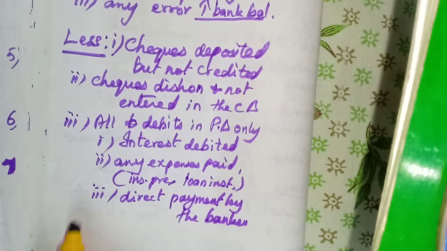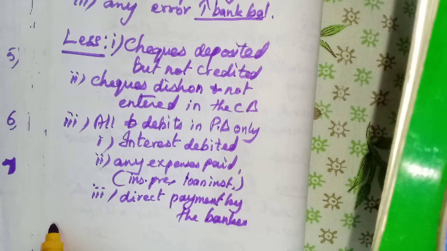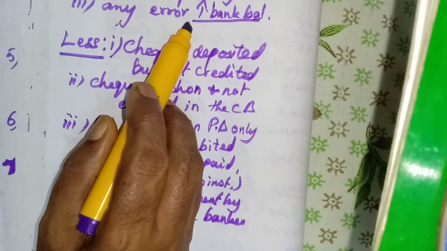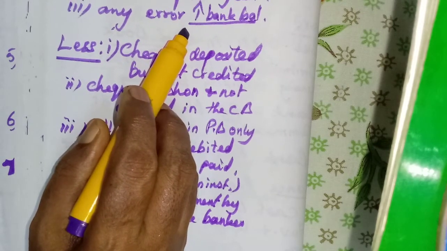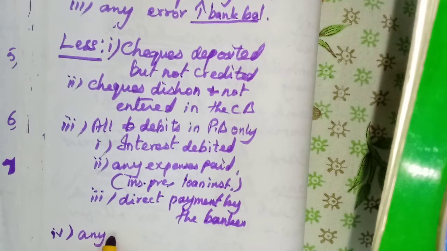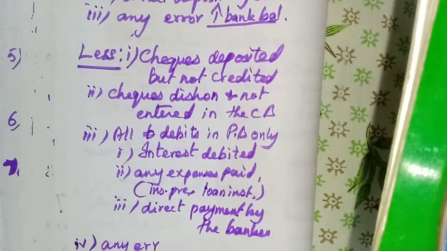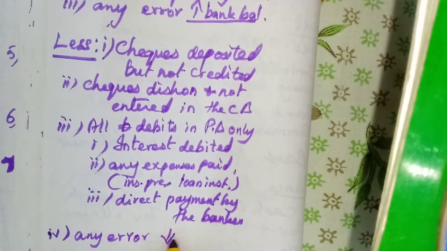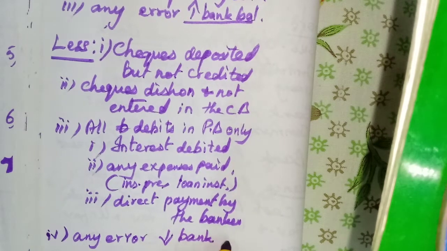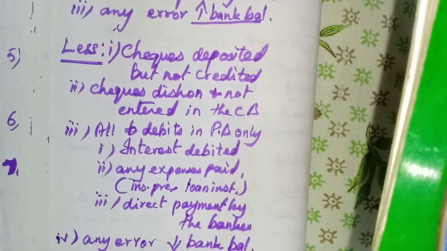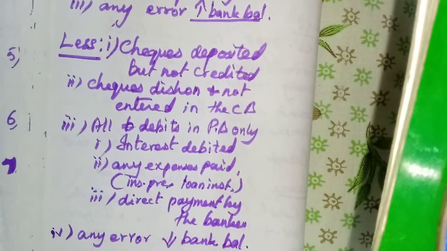Then here, this fourth one, any error. Any error committed that increases the bank balance. Here any error that decreases the bank balance must be deducted.